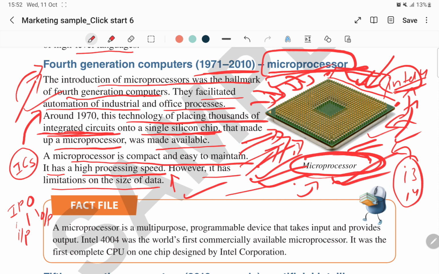What is the frequency of data? That means how much data it can handle when given to the microprocessor, otherwise it can hang. So the amount of data is also a factor on which the quality of the microprocessor depends.